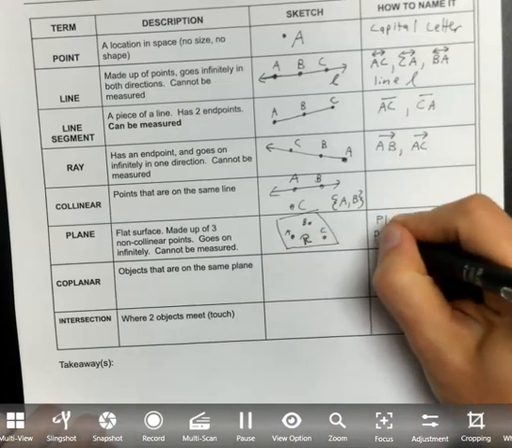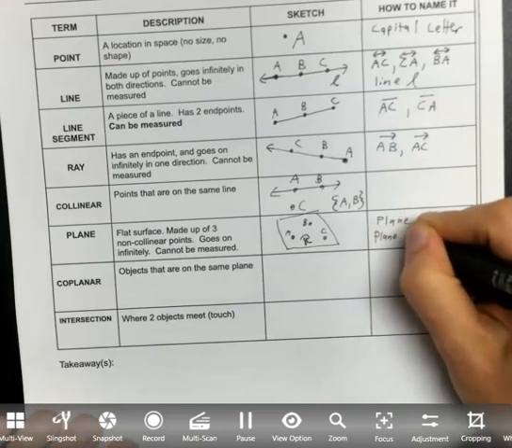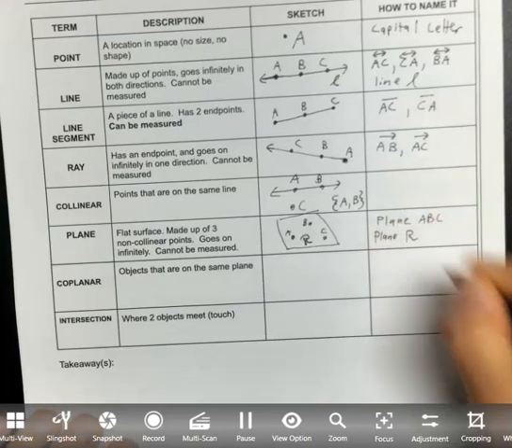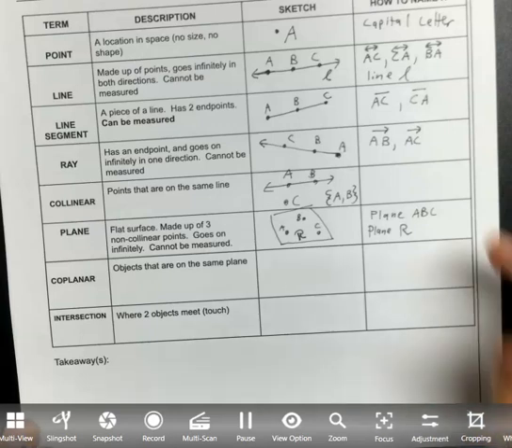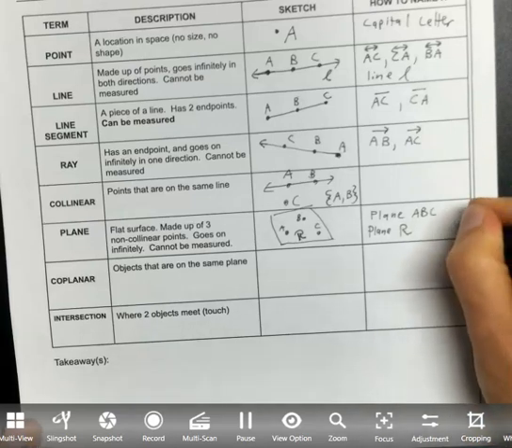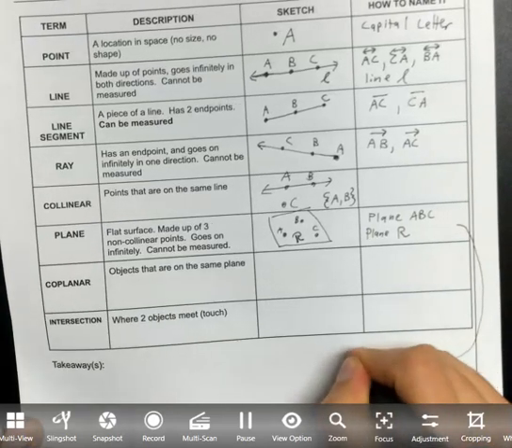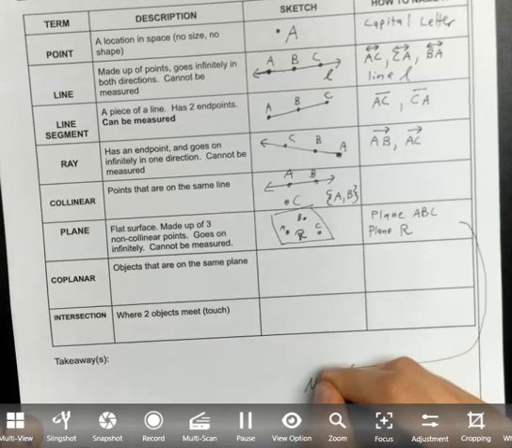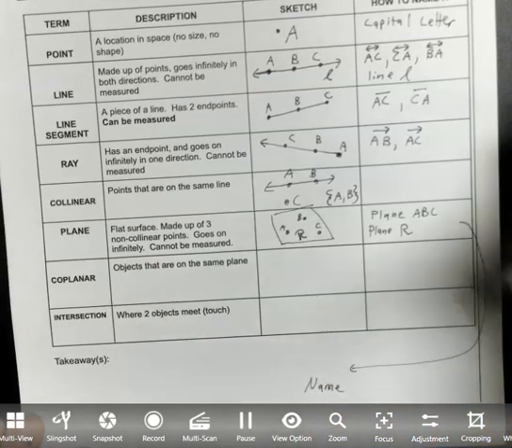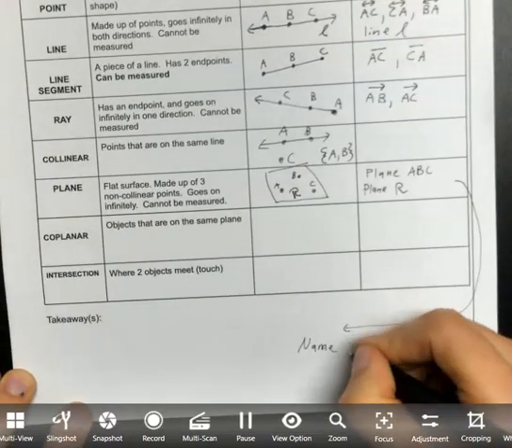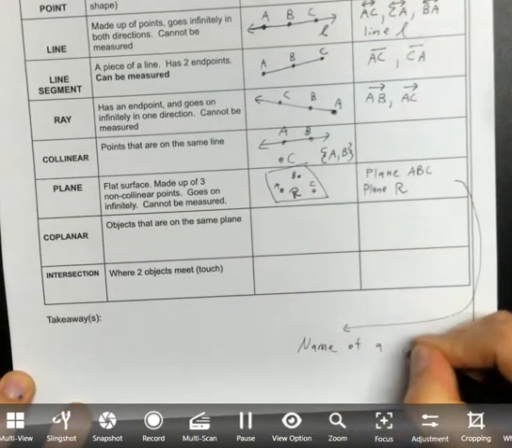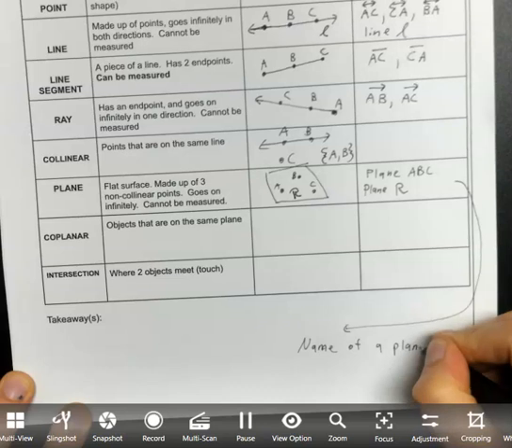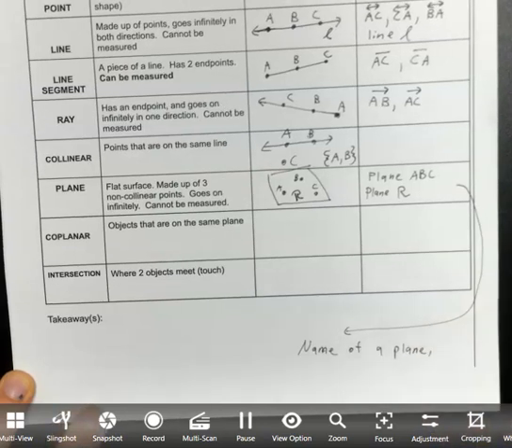So I could say plane R. Okay, so in our takeaways, let's go ahead and say, hey, name of a plane. You have to use the non-collinear points.